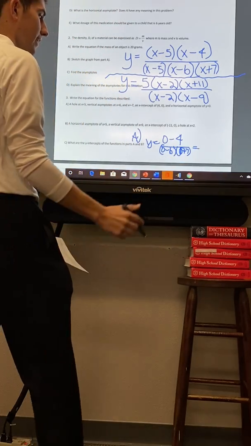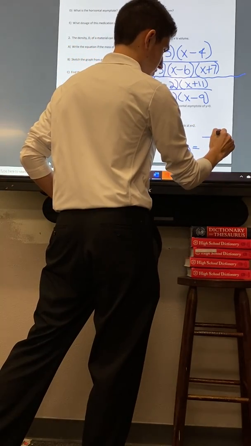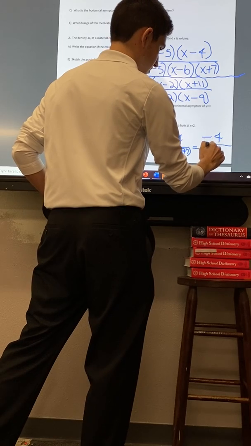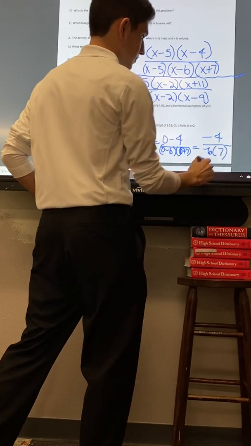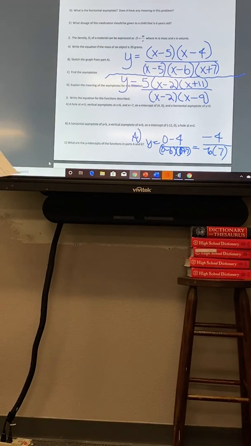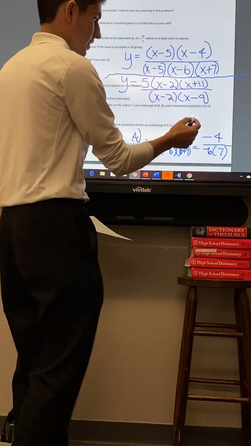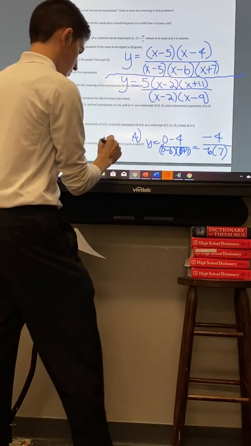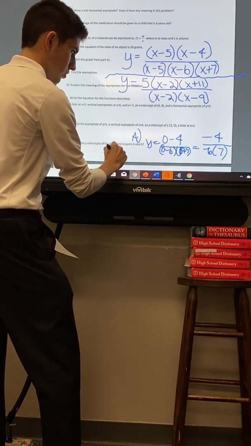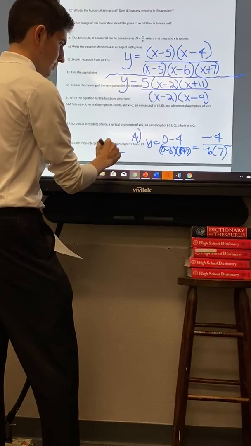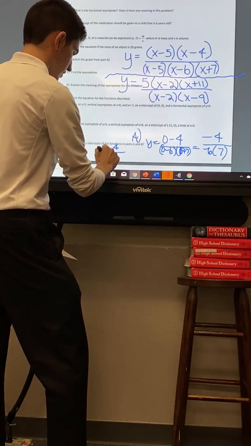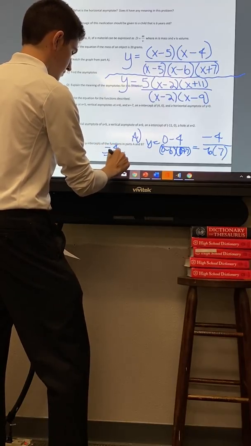When I do that, I end up with negative 4 over negative 6 times 7. 7 times 6 is 42, so negative 4 over negative 42.